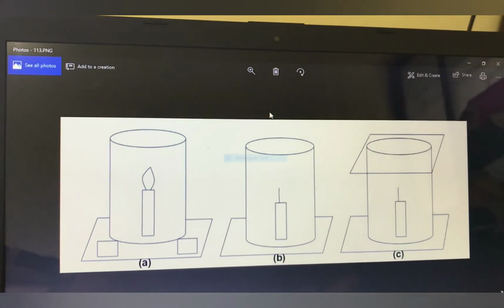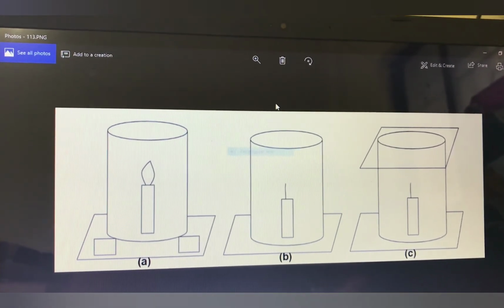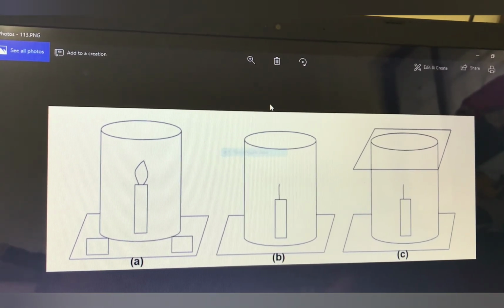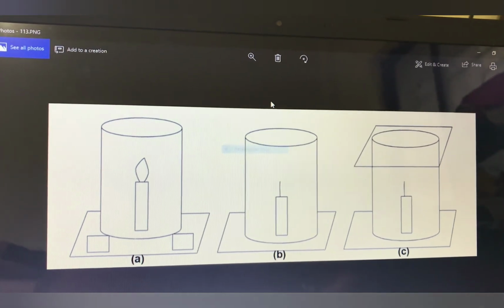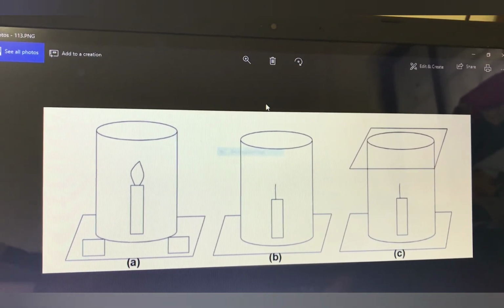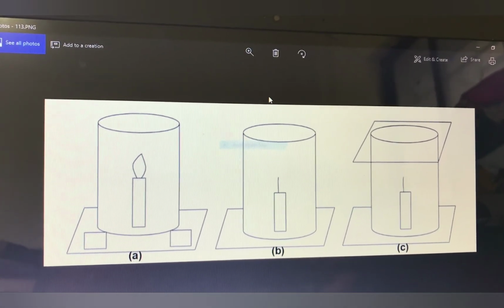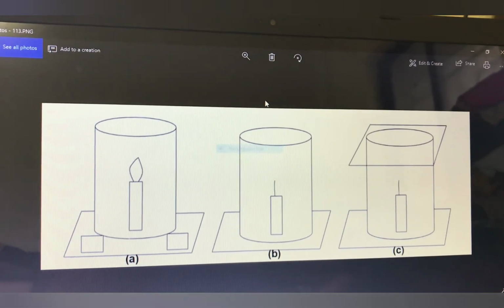So in the second case you can find the tumbler is covered at the bottom and open at the top. Air may come into that tumbler but it may not blow, so sufficient oxygen may not be provided to that candle. So the candle will glow for a few minutes, then you can find the candle will stop glowing.